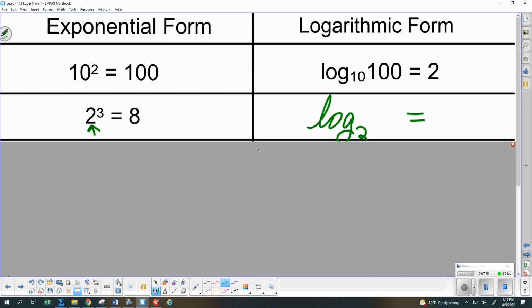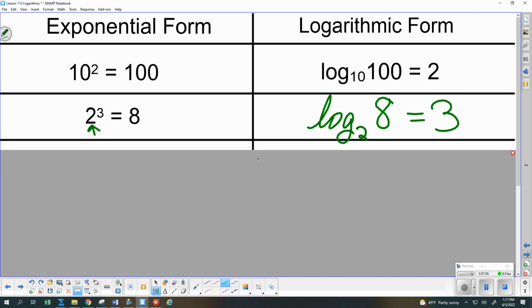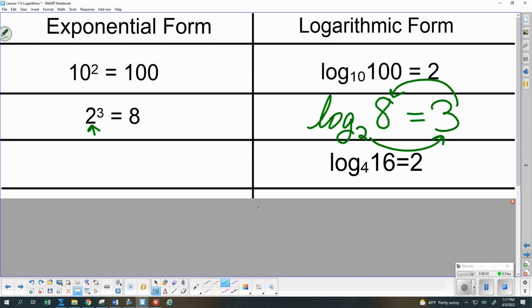So this log has to equal a 3. And then 8 is the argument or the antilog, so it goes there. If I circled back around, 2 cubed equals 8. Everybody okay there? All right, I want you guys real quickly to write this one down on your papers in exponential form.